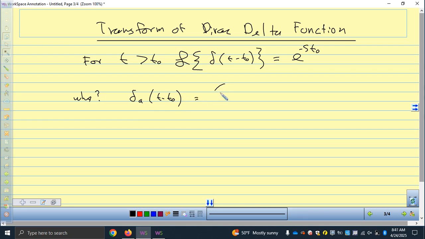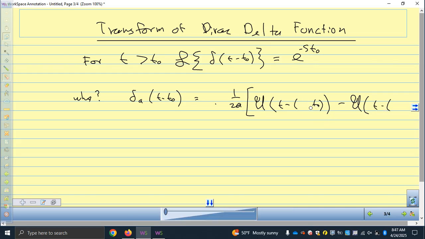So we can write this as 1 over 2a times the unit step function of t minus t0 minus the unit step function of t minus, sorry, I wrote this wrong, t0 minus a, and this should be t0 plus a.